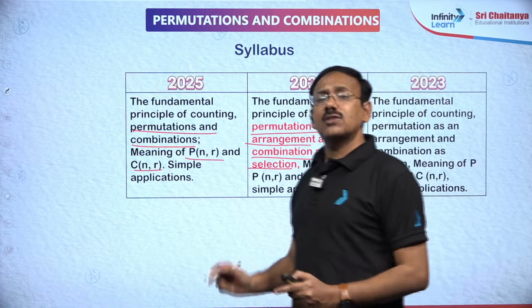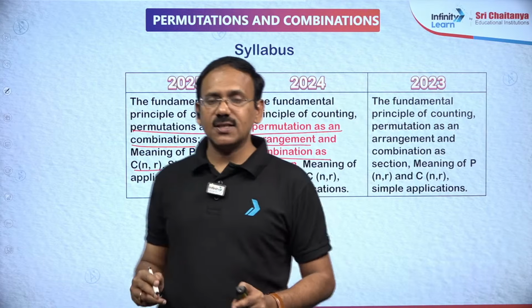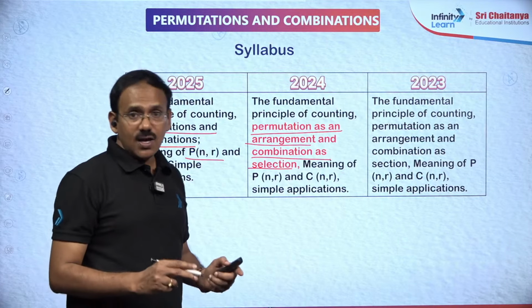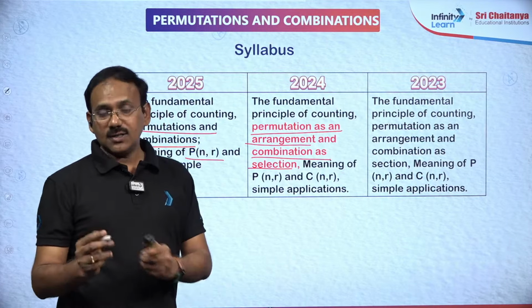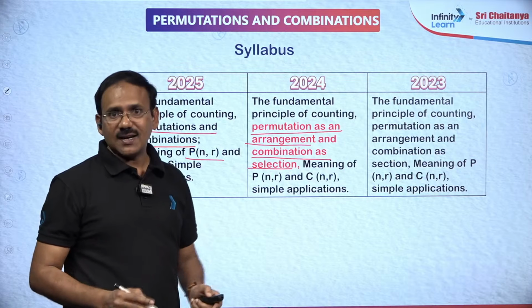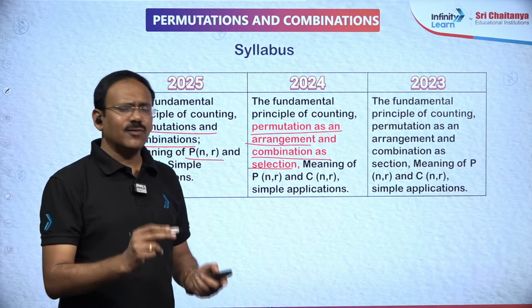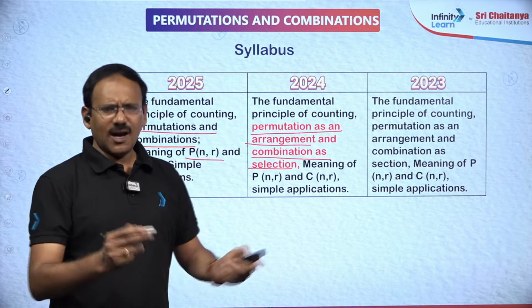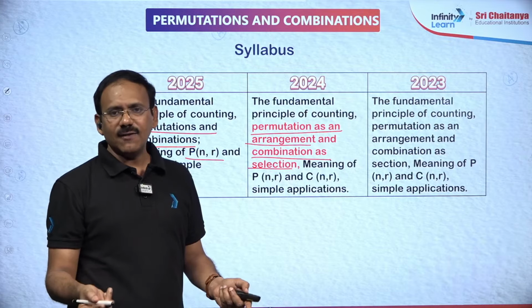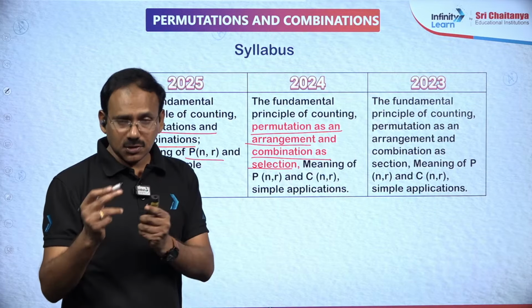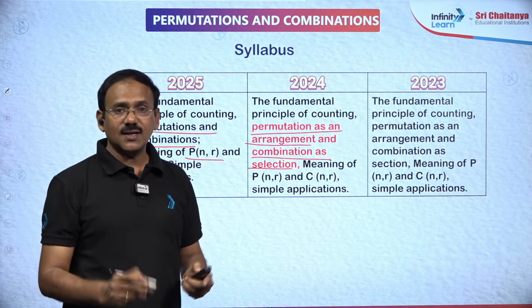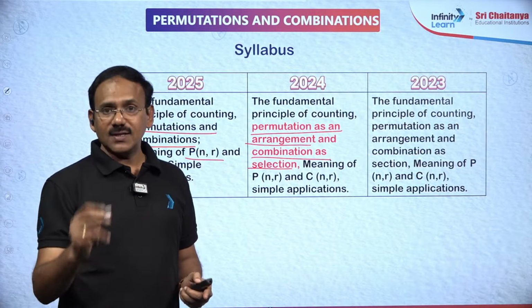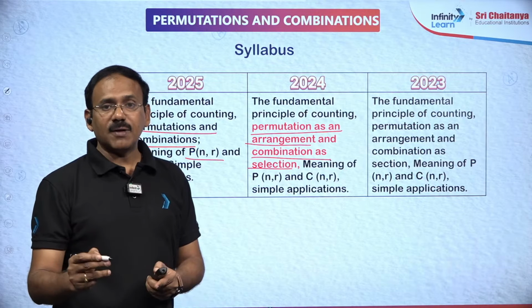But here he said simple applications, so can we assume that circular permutations is not there? It is not mentioned, so we can understand that circular permutations won't come under simple applications. Of course the word simple is not well defined, but with respect to 2023 and 24, we can say that there is no question from circular permutations.